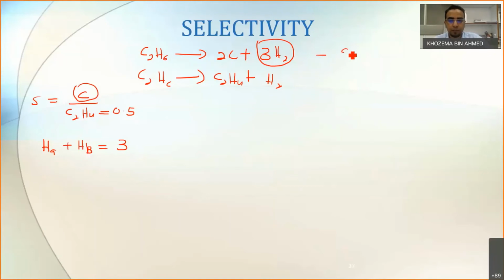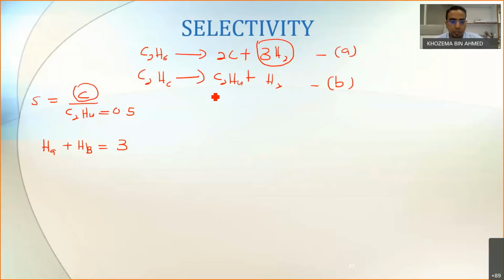This is reaction A and this is reaction B. I know that 1 mole of C2H6 will produce 1 mole of C2H4 and 1 mole of hydrogen.